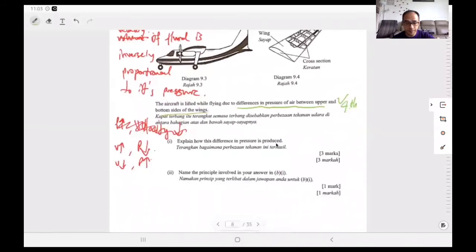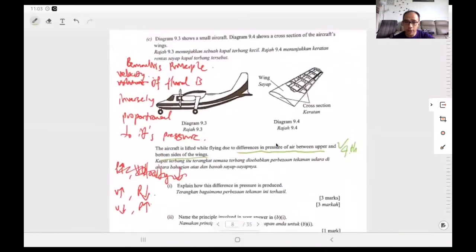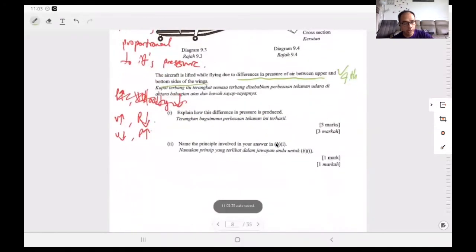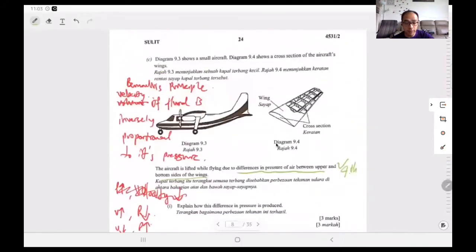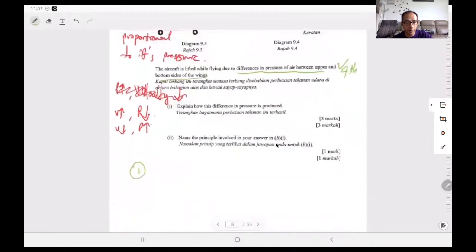The number one point that you have to mention is the shape of the aircraft wing. What is the shape of the aircraft wing called? The shape of aircraft wing is aerofoil.